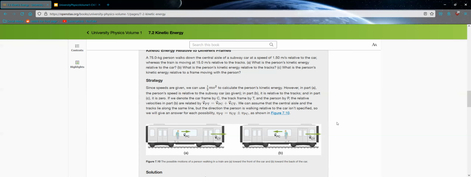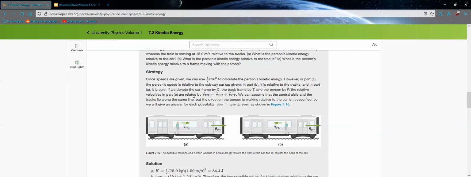So we have different levels of energy with respect to those two things. The person's only moving 1.5 inside the car, but the car itself is moving 15. So you've got to add those two velocities together, essentially. We can use the equation 1/2 mv squared to calculate these things. However, in part A, we need to realize the reference frame is the car itself. Not the tracks, not the outside world, just the car.